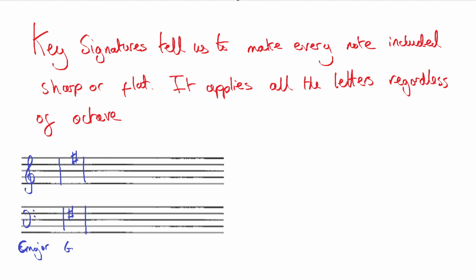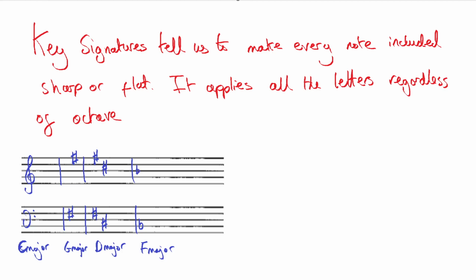This is G. Remember it had that one F sharp. D major, we have the F sharp and the C sharp, and remember, they always apply to every single F and C. And finally, F major with its 1 flat, B flat. There is B flat there, there is B flat here.